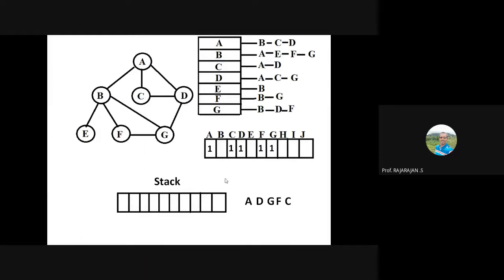From B we have got a new vertex which has not yet been visited, which is E. So E is inserted into the stack. Now we go to the first step. Remove E, mark it as visited, print it. Now we have completed the traversal of this particular graph using DFS.